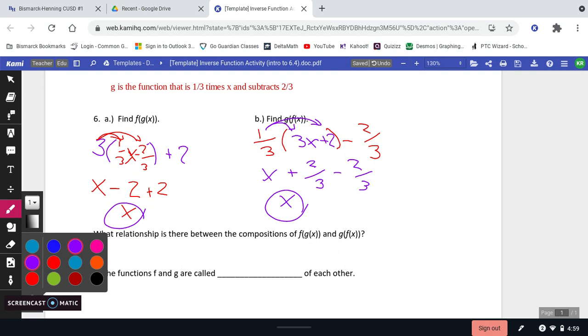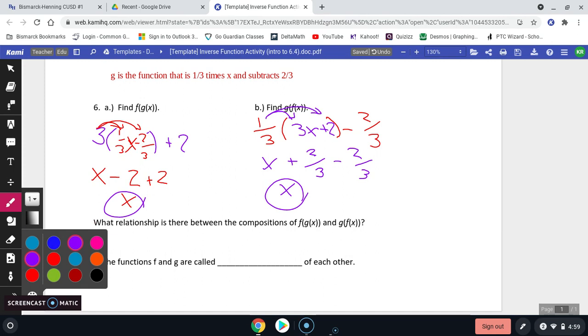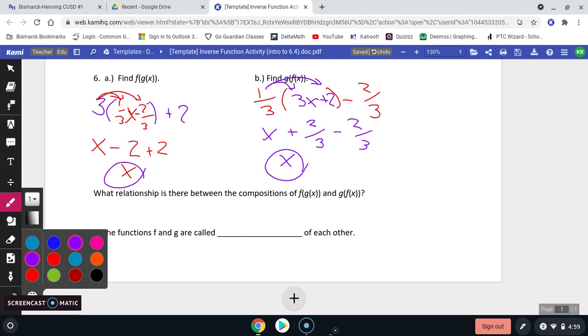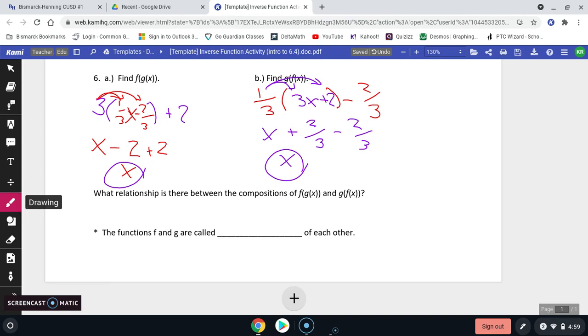So when you have these graphs that reflect over that y equals x line, like our two do, those are called inverses. So this last step down here, okay, these are inverses of each other. What relationship is there between the compositions of f of x and g of x?